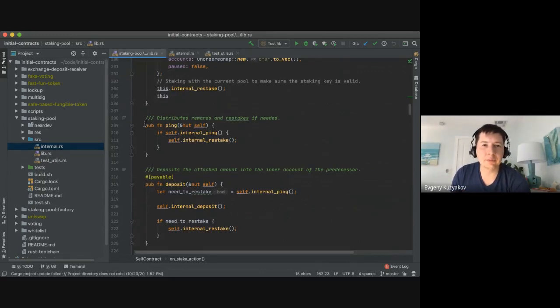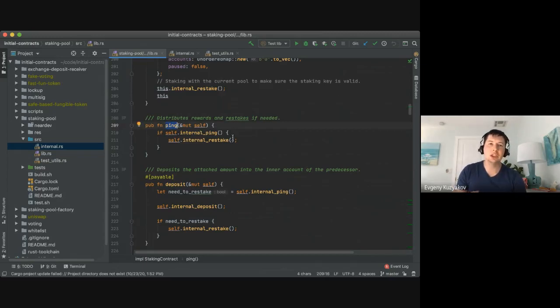So the way, again, high level how this contract works is when an epoch passes, you may acquire certain rewards as a validator. So we have a method ping, which pings the contract.